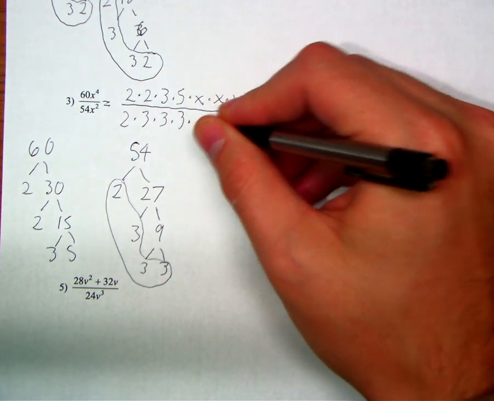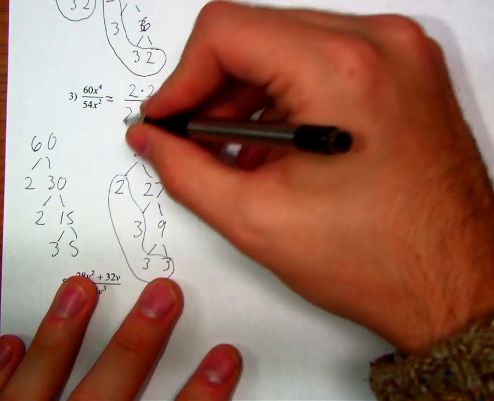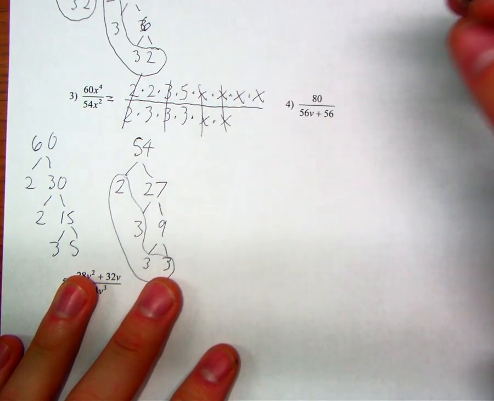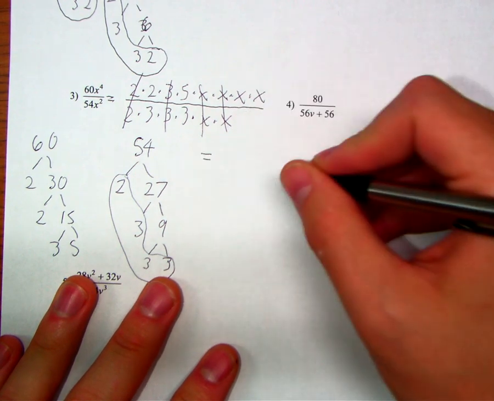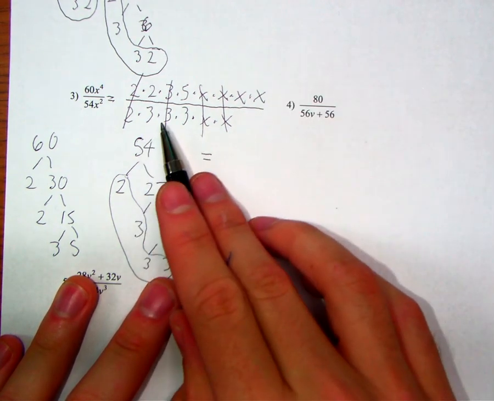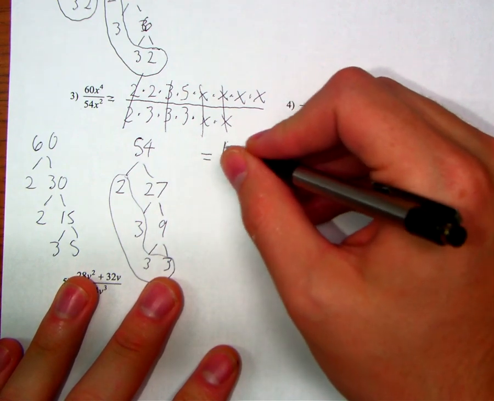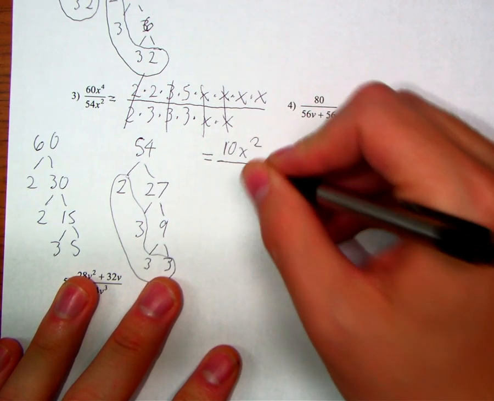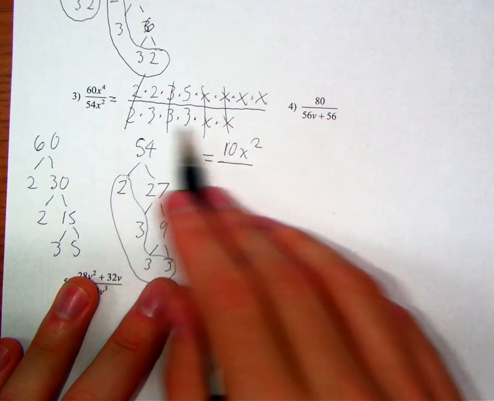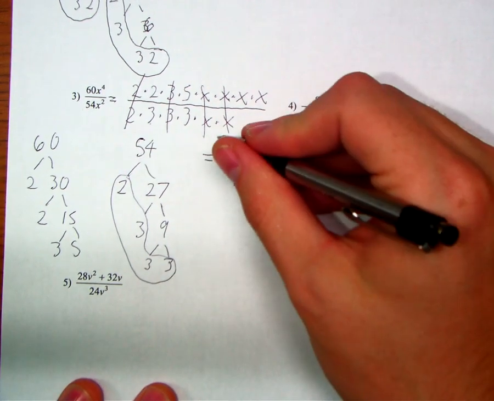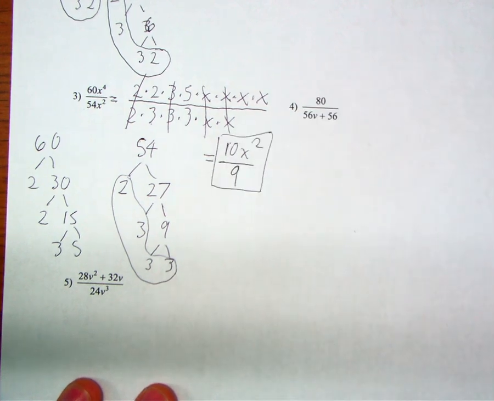X squared is x times x. Okay. Cancel my 2's, cancel my 3's, cancel 2 pairs of x's. What do I have left? I've got a 2 on top with a 5 and 2 x's multiplied together is 10x squared. And on the bottom I've got just 2 3's and no x's, and so 3 times 3, that's just 9. Okay. So there's my answer there.